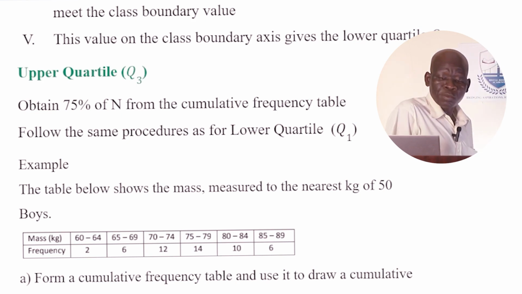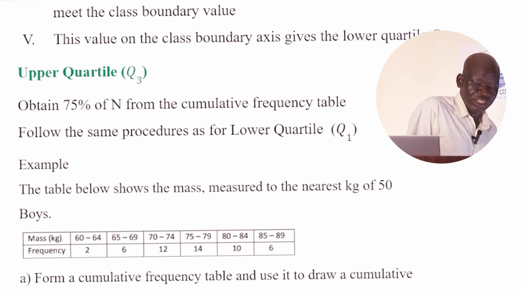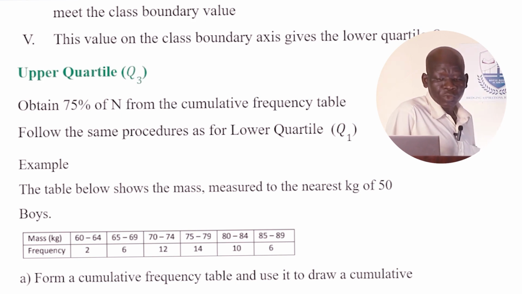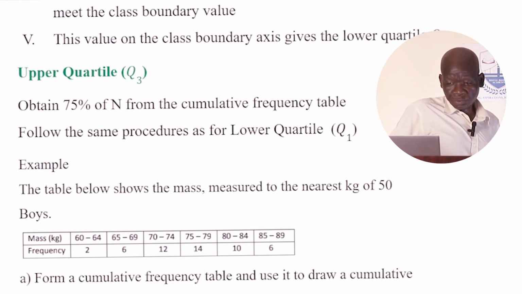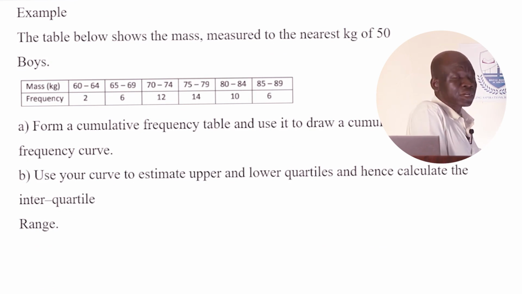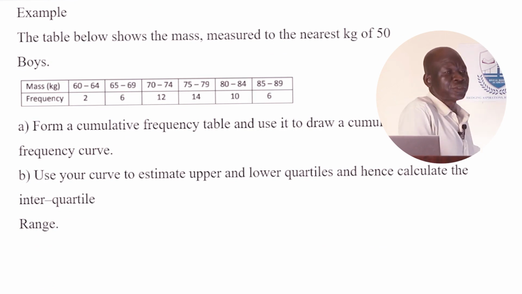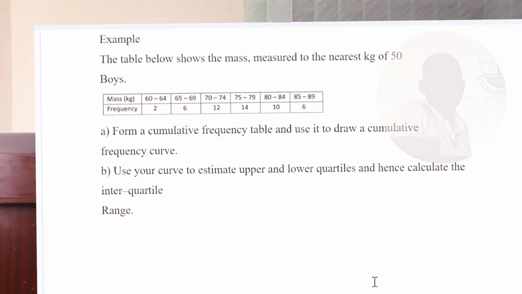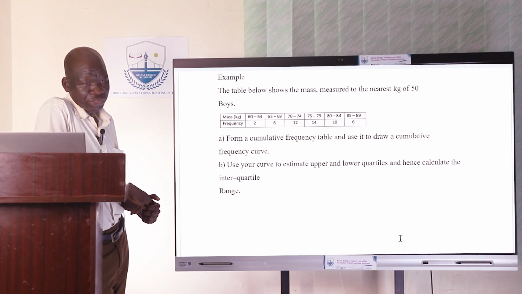So those are the procedures of finding the lower quartile and the upper quartile graphically. We are going to look at an example. The table below shows the mass measured to the nearest kilogram of 50 bodies.